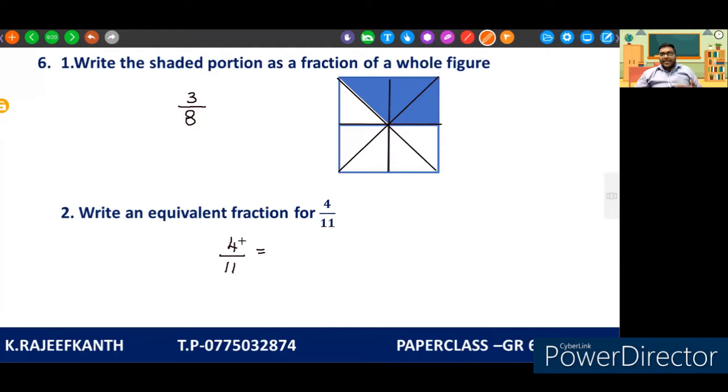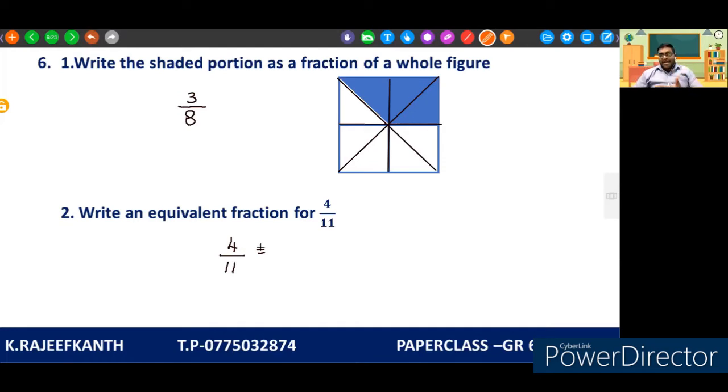Right? So first we have to find the common factor of 4 and 11. Then only we can divide. Here there is no common factor. Only 1 is the common factor of 4 and 11. So we can't divide by 1. If we divide 4/11 by 1, then we will get the same answer, right?